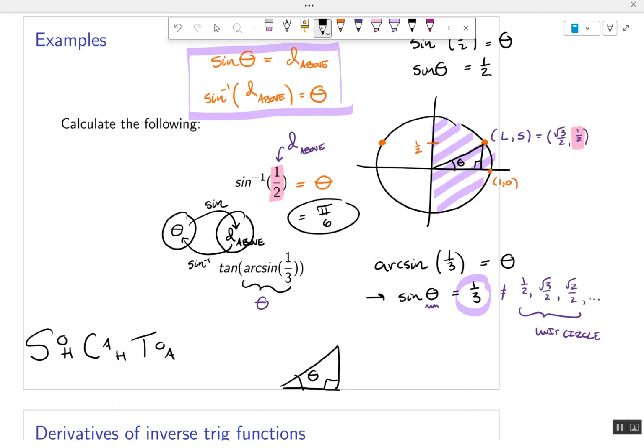Sine is opposite over hypotenuse, cosine is adjacent over hypotenuse, tangent is opposite over adjacent. So if the sine is 1/3, then the opposite is 1, and the hypotenuse is 3. Let's call this guy x right here. We know that x squared plus 1 squared is 3 squared by the Pythagorean theorem.